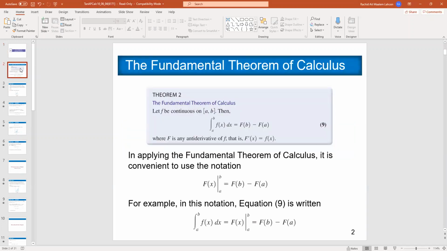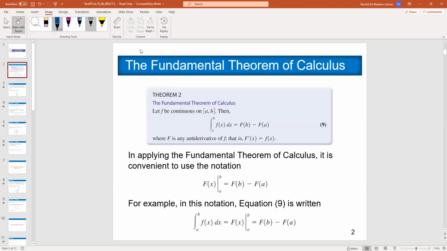For theorem 2 here, the fundamental theorem of calculus says if you have a function f that is continuous, so that's a key, number one, continuous. It has to be continuous on the interval AB.